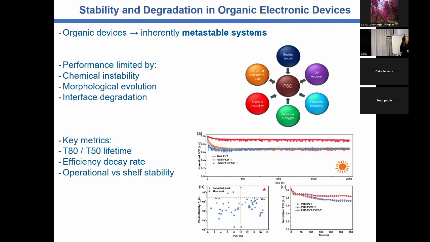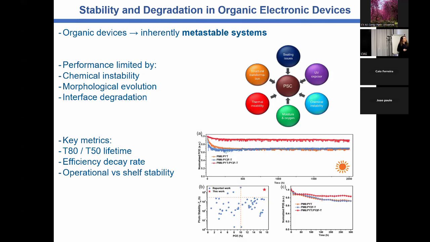So in terms of performance related with the stability, or performance analyzed over the time, we have this chemical instability.